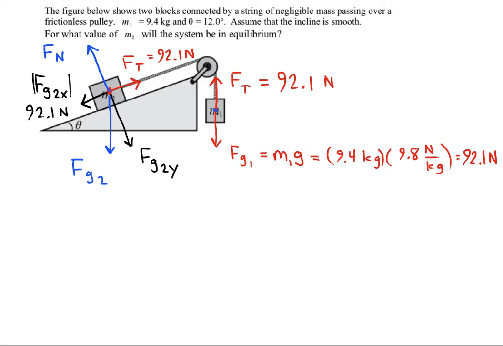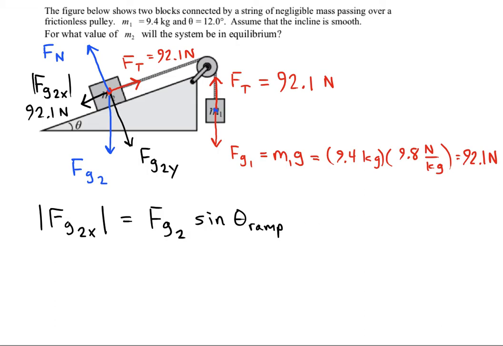Now what we'd like to do is use that information to find what the force of gravity on mass 2 must be. So we want to use this formula: Fg2x equals Fg2 times the sine of the theta of the ramp.